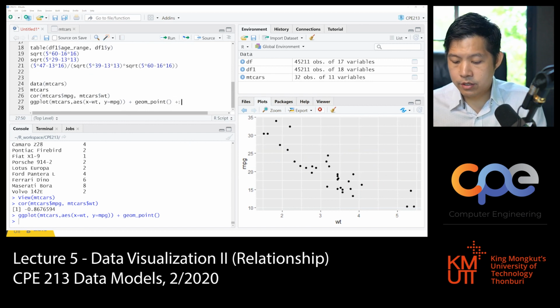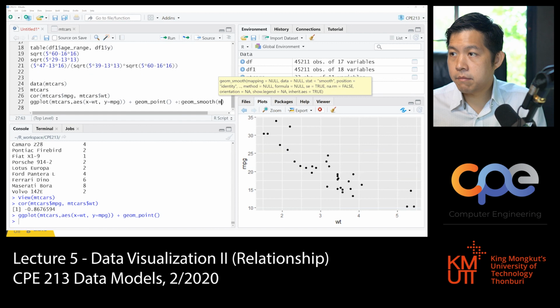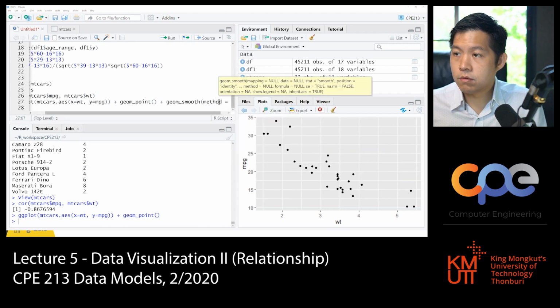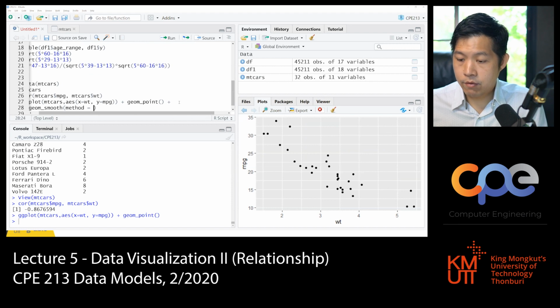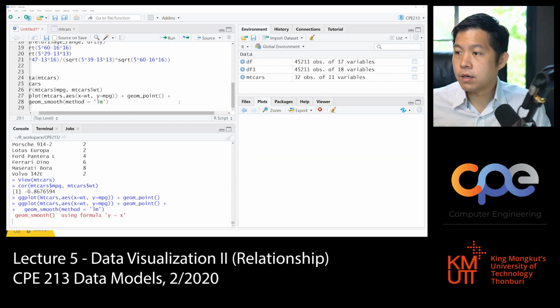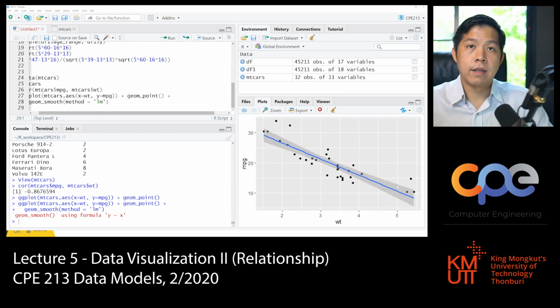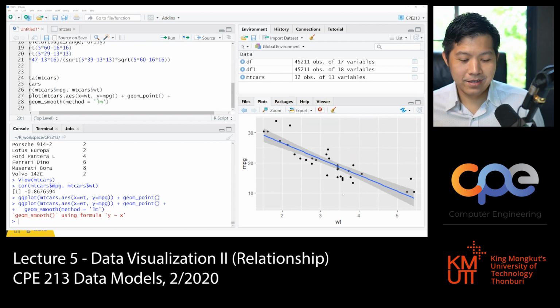And if I add geom_smooth with method equal lm, then I get this linear approximation of the data. You can see that they are quite linear, although there are some outliers here.